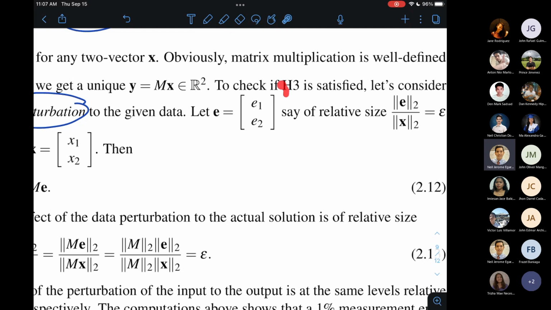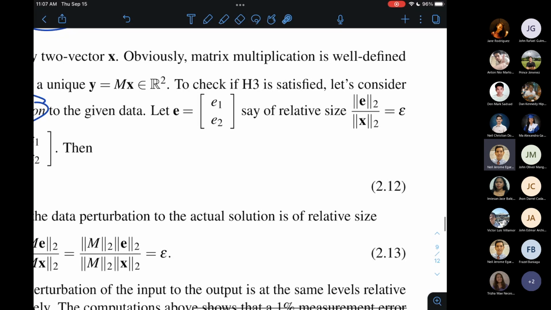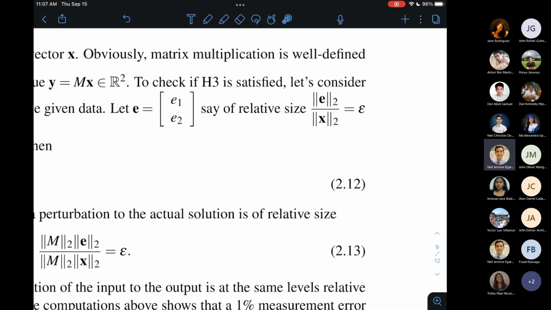Right? So i-assume ko na yung size ng noise o ng perturbation with respect to the data ay epsilon. So kung ganito yung usapan, that means that the noise is about epsilon percent. Alright? So si epsilon parang measure yan ng ilang percent nung data yung nabago. Or by how much percent did we change the data?